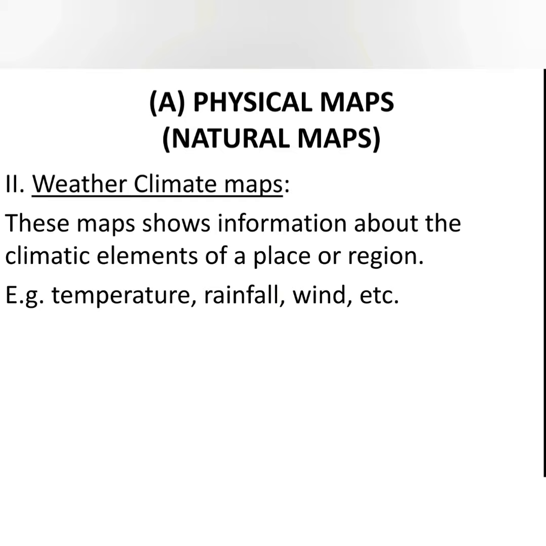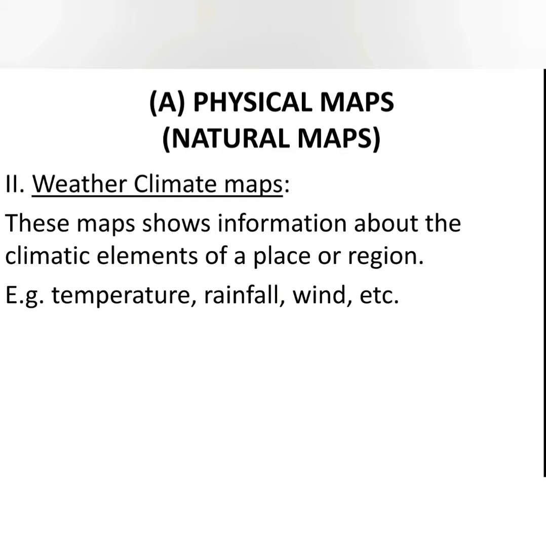Students, the second type of physical map is weather climate maps. These maps show information about the climatic elements of a place or region.